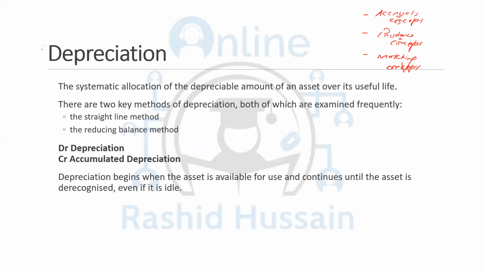Now, when you talk about depreciation, depreciation is simply the allocation of the depreciable amount, or allocation of the cost, over its useful life. And it can be related to all of these three concepts. For example, I bought an asset for $100,000 and the useful life of that asset is 10 years.